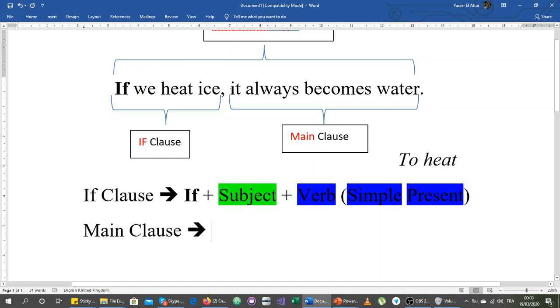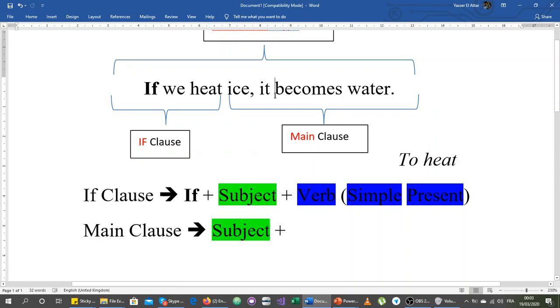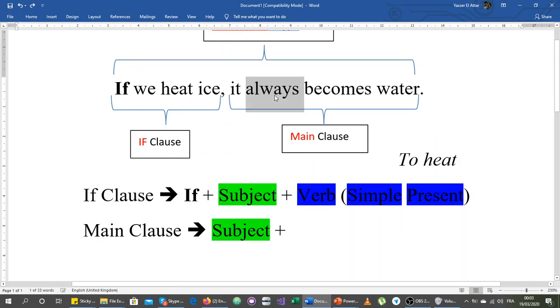So for the main clause, what do we start with? We start with it. What is it? It is a subject. Always is an adverb of frequency, so it can be here or it doesn't. It's not necessary, so it can be there or it cannot be. It's totally fine. And then we have the verb become.